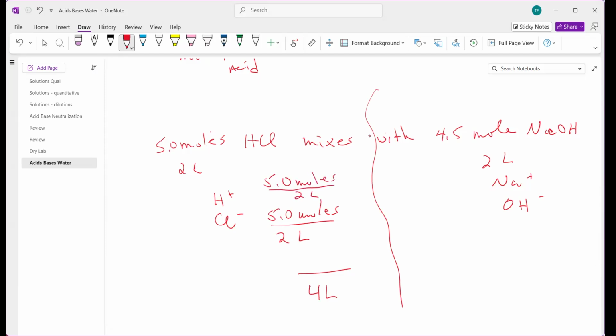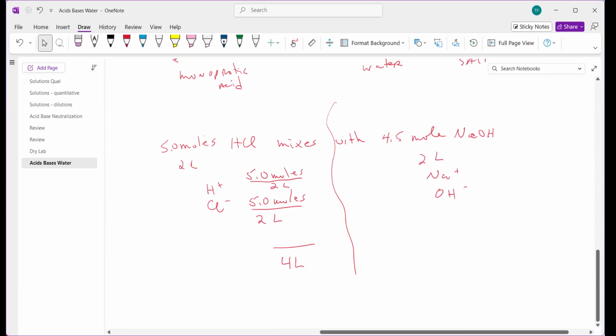Now, did everyone see how I got those numbers? It's HCl, when it comes apart in a 1-to-1 ratio, if the concentration of HCl is one thing, the concentration of its parts is the same. Now, that's not true with a diprotic or a triprotic acid. Monoprotic is much more straightforward. So because the concentration of HCl is 5/2, that means the H plus is 5/2 and the Cl is 5/2. All right, let's do the same thing over here.